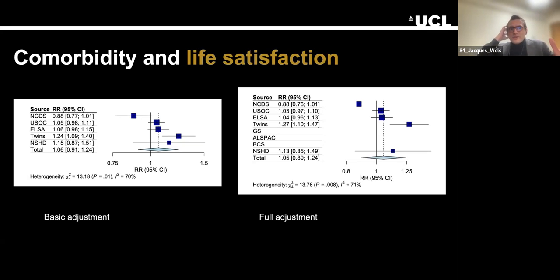Because imagine if I used only NCDS, I would say comorbidity is good for life satisfaction. If you have comorbidity, you're more likely to have a better life satisfaction than those who have none, which doesn't sound very intuitive. Yeah, so this is for life satisfaction.